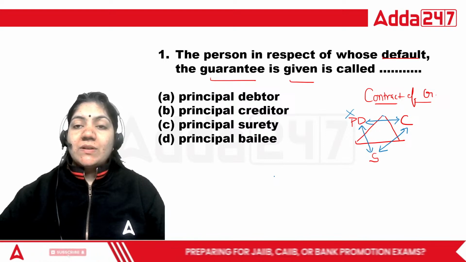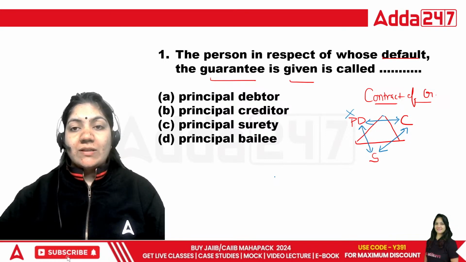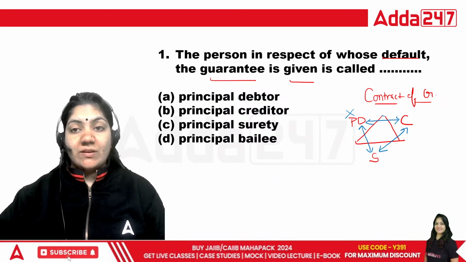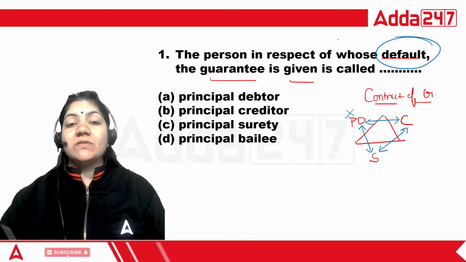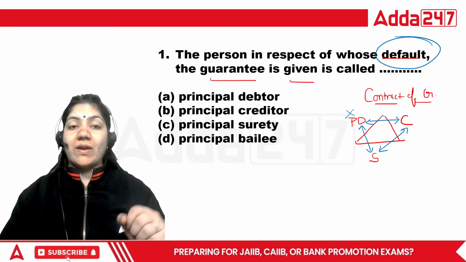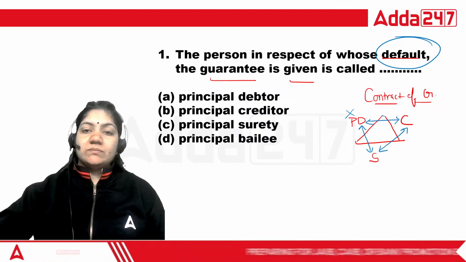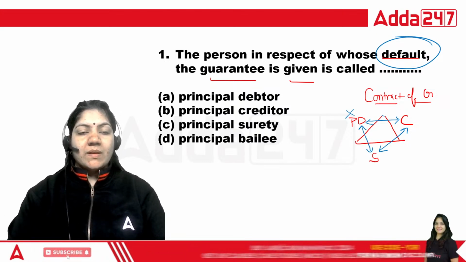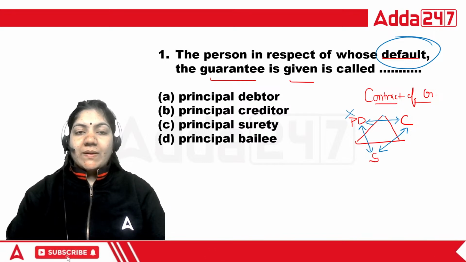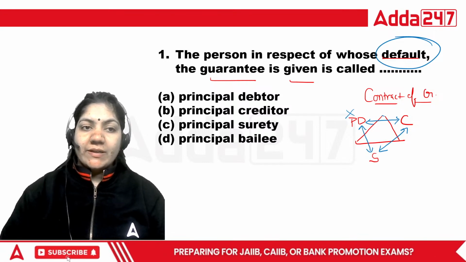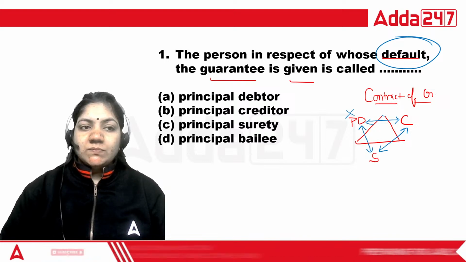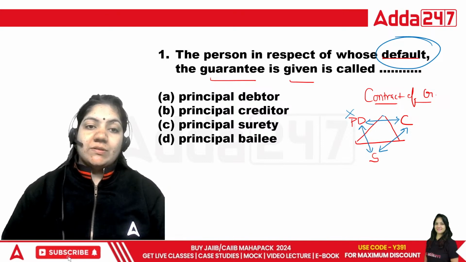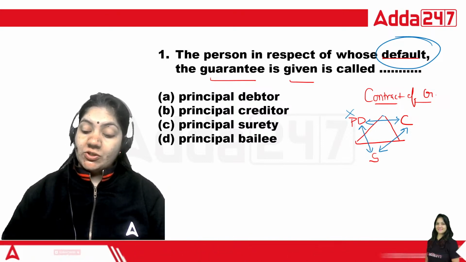So the person in respect of whose default the guarantee is given. Who is making default in this contract of guarantee? For that default, surety is there.